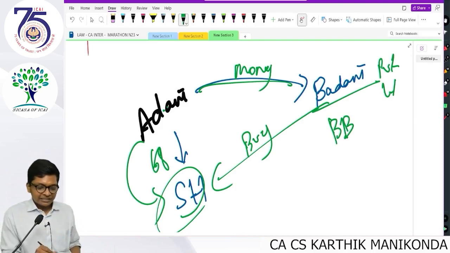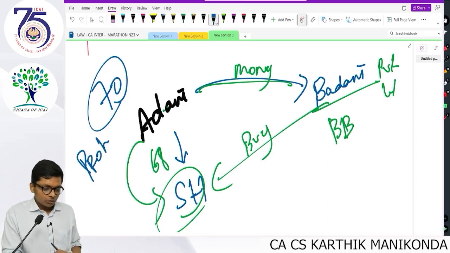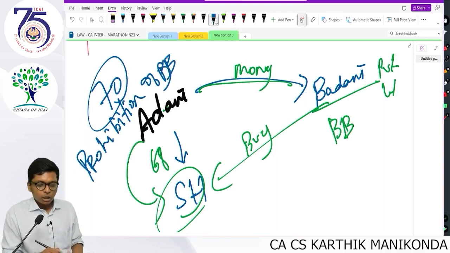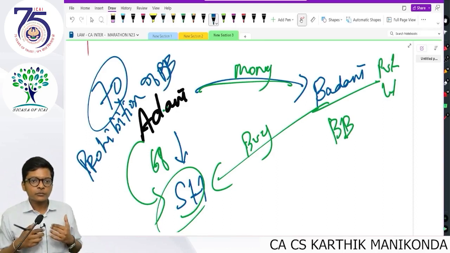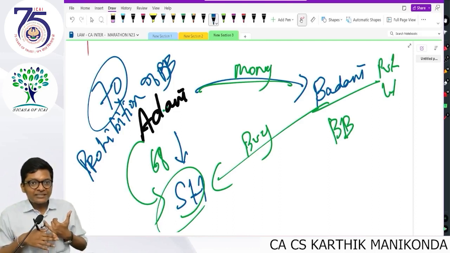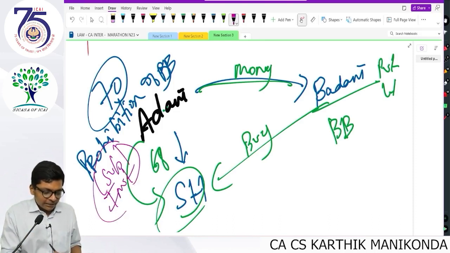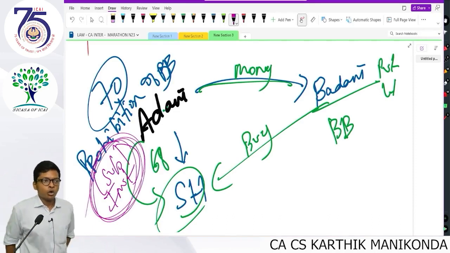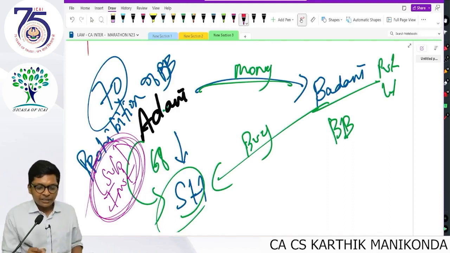Therefore, section 70 comes in and tells prohibition of buyback. No company can do buyback through a subsidiary company or an investment company.